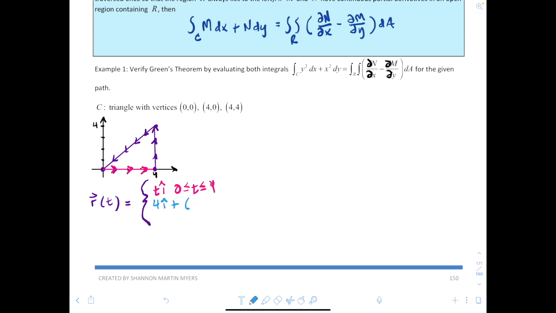So I believe if we say t minus 4 times j, and t varies between 4 and 8, I think we're going to get what we need.